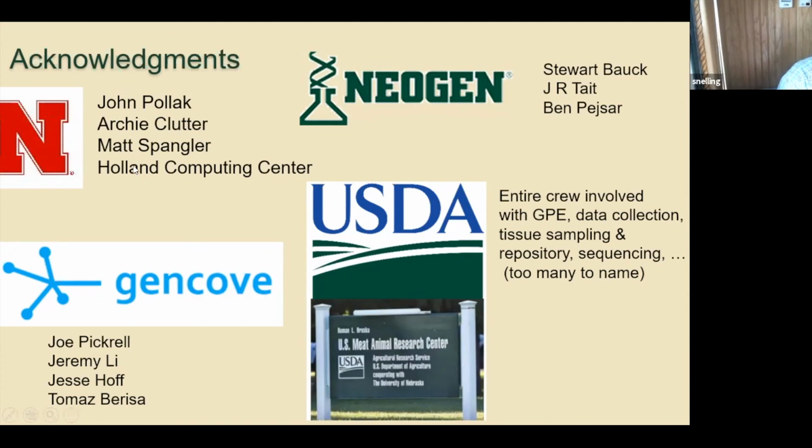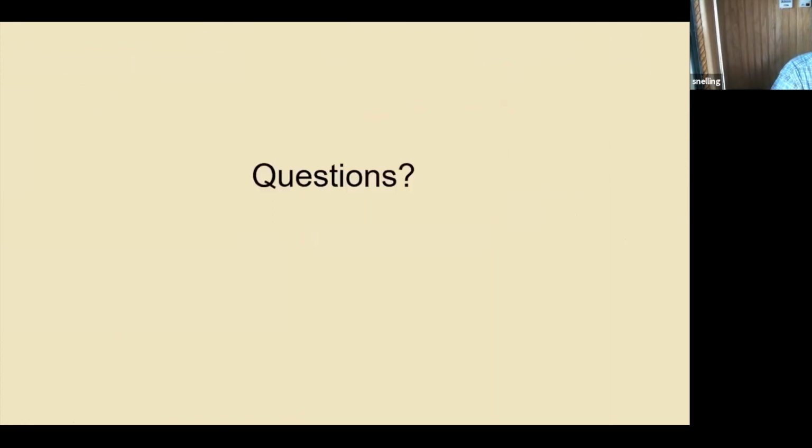A lot of the computing was done on the UNL clusters in the Holland Computing Center, and I can't name everyone at Clay Center that was involved in collecting data and doing the tissue sampling and repository and the sequencing that we do there. So with that, I'll try to answer any questions you might have.